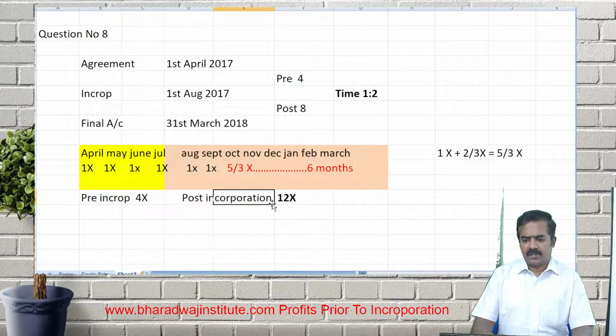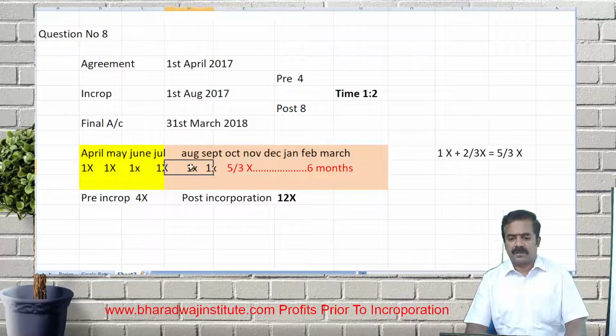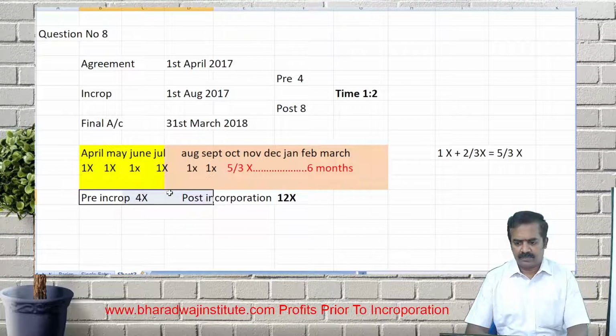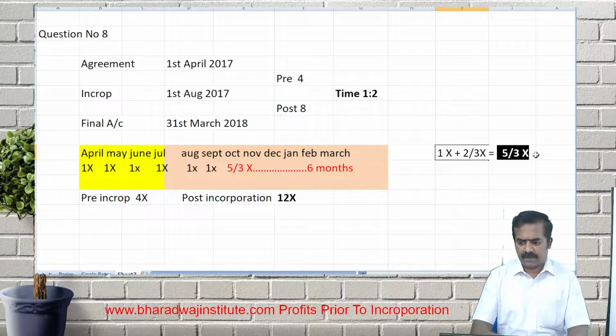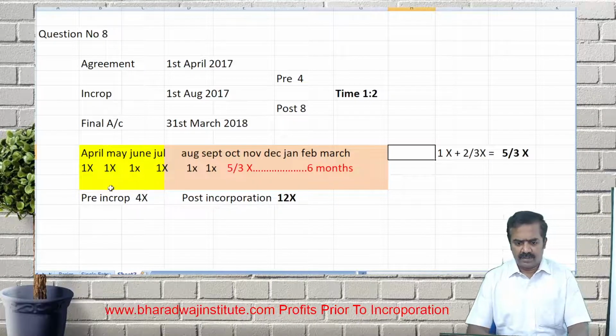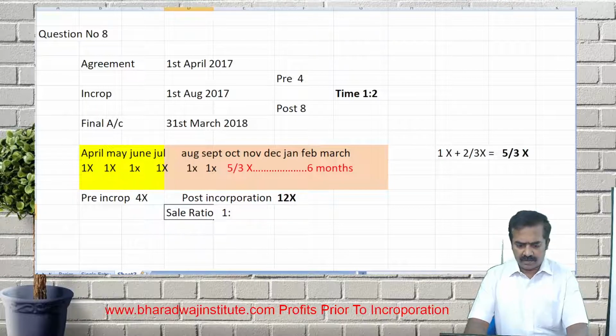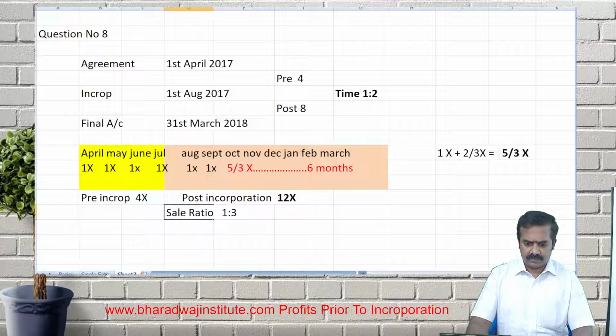So 5/3x for 6 months, so 5/3 into 6 plus 2 will come to 12x. Increased by 2/3. So 4x, 12x. So what is the sales ratio? 1:3.